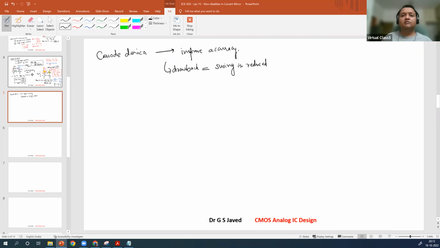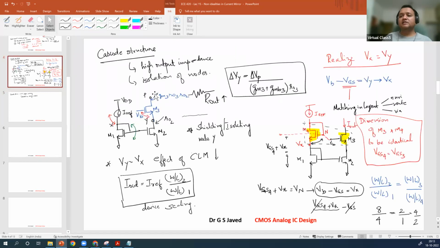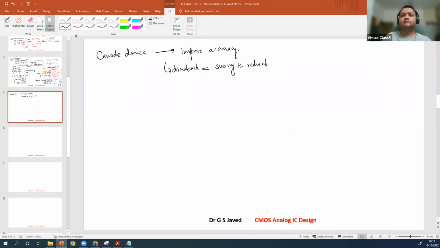As we saw, since this is cascoded, what is the output impedance of the cascode? The output impedance also will increase. First, when you look at the output device, this is M3 and this is M2.